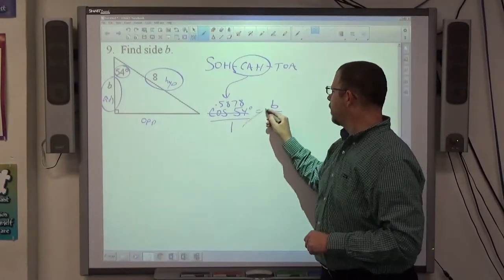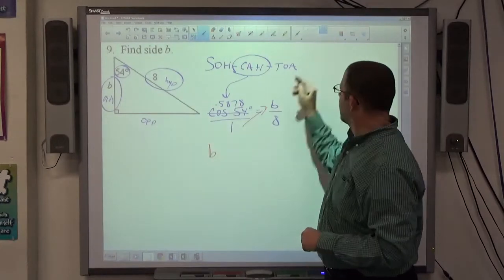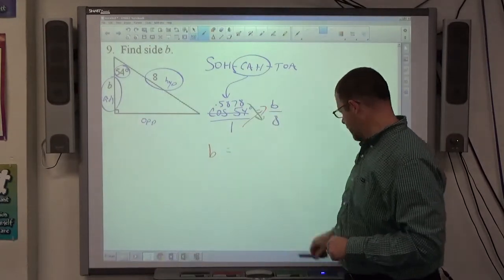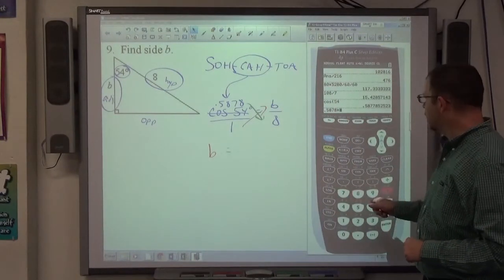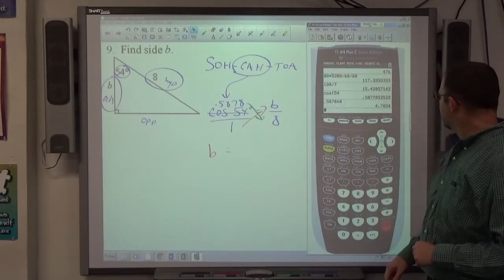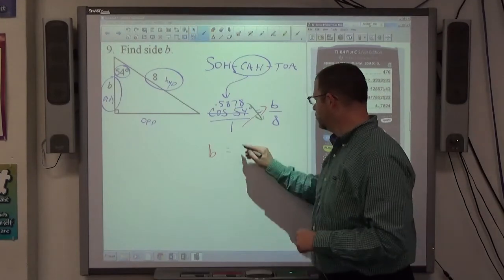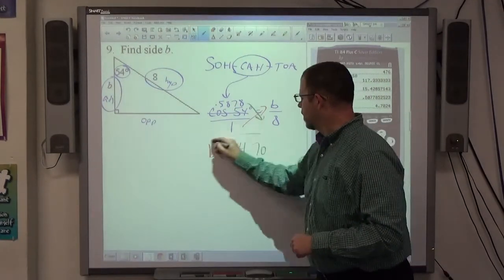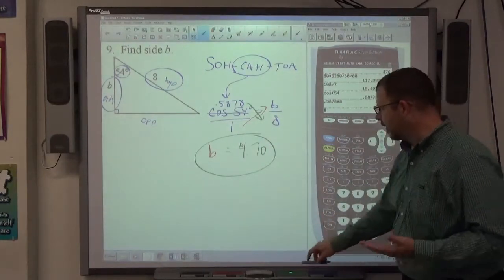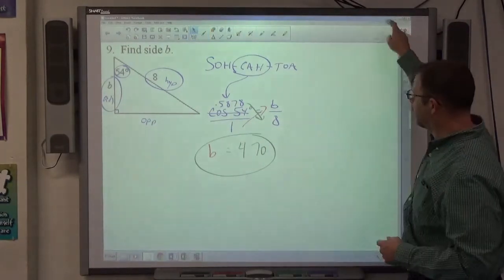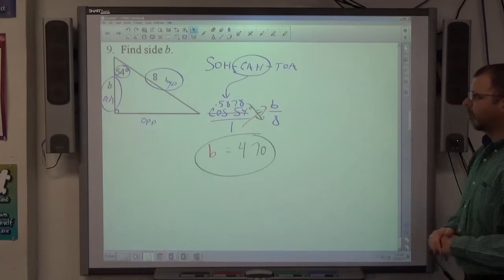So this product, 1 times b, equals this product, which is going to be the answer. And the answer is going to be 0.5878 times 8, which comes out to 4.70. Use 4 decimal places in your work, 2 decimal places in a final answer. That's all they're asking me for on that problem, so b is equal to 4.70.